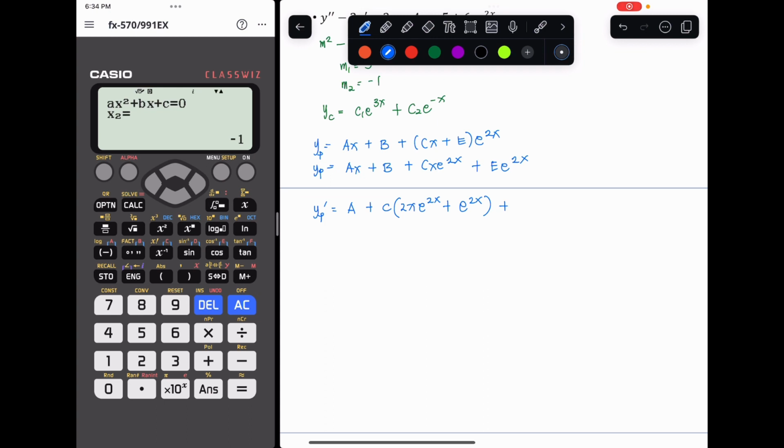So plus, this is 2e e to the 2x. So yp prime will be a plus 2c x e to the 2x plus c e to the 2x plus 2e e to the 2x. That is our yp prime.